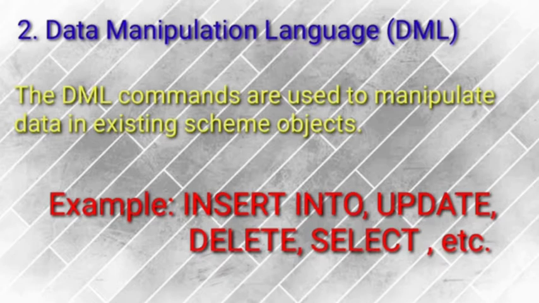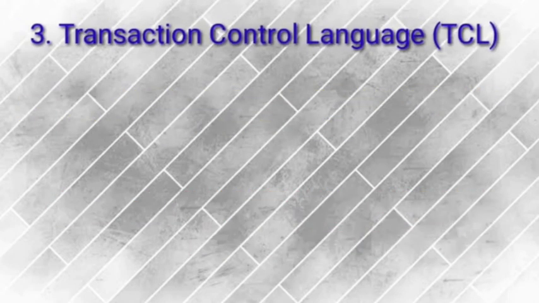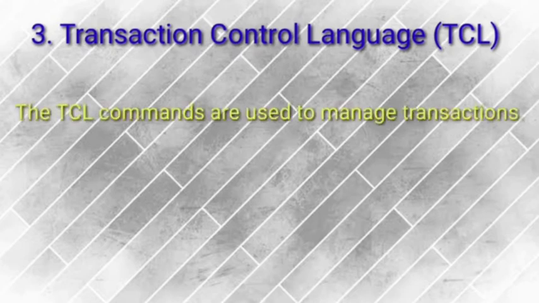Till the time, you understand that DML commands are the commands which are used to update the existing schema or objects. The third one is the transaction control language, which is basically used to control the transaction. Now what is a transaction? Suppose you have created a table for a student.